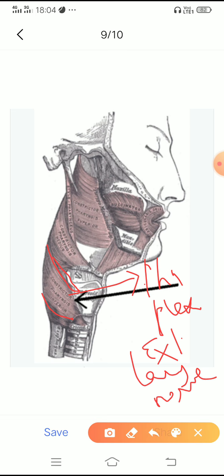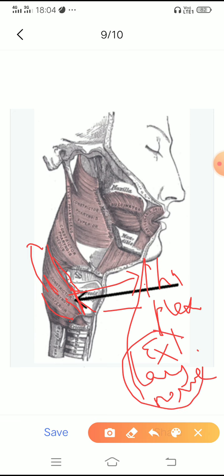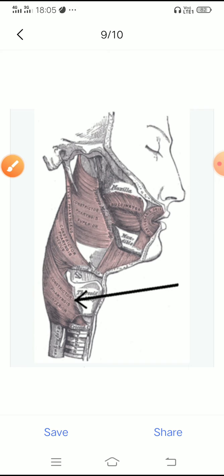The oblique part gets nerve supply from these two, and the tendinous part gets its supply from the external laryngeal nerve. Now the cricopharyngeus gets its nerve supply from the recurrent laryngeal nerve. This is about the nerve supply of the inferior constrictor muscle.